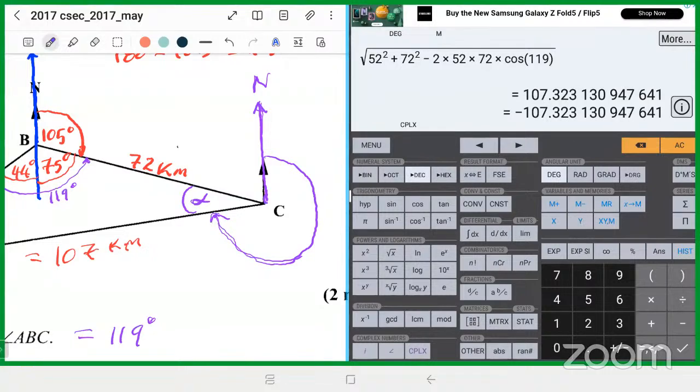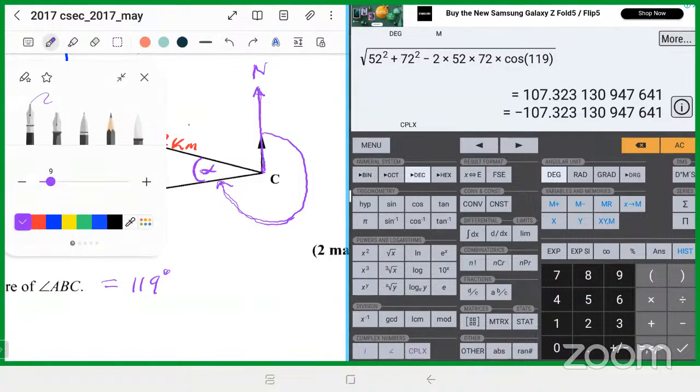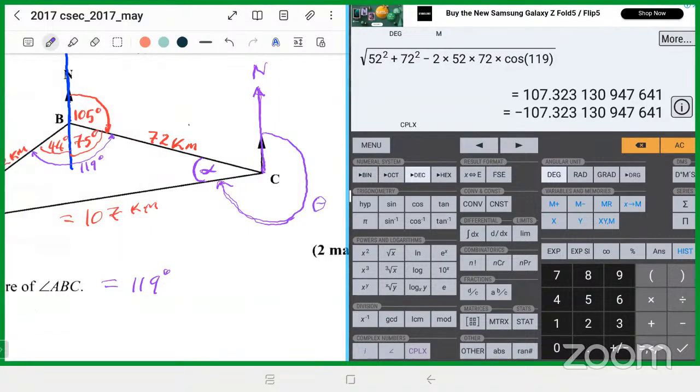I know that this angle should play a part in the calculation, and I have to use the sine rule to find it. Then the angle that I want is this one, which I'm now going to call theta on my diagram, so I can use these symbols to represent what I'm trying to find. So this is the bearing that I want, and this alpha will play a part in the calculation.